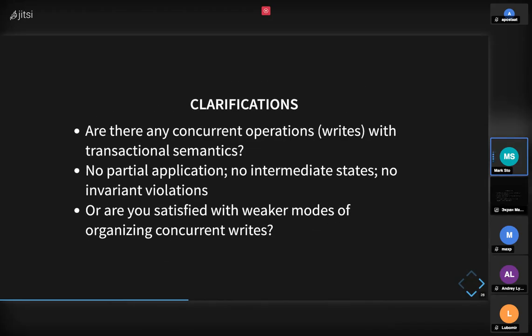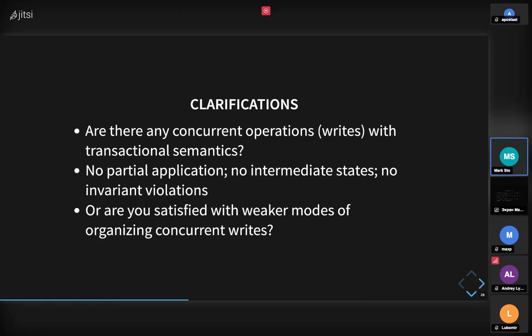Operations like transfer, move over, or changing several related quantities at once, where it is unacceptable to have partial application, like debited but not credited, where other concurrent operations observing intermediate states are not welcome, or where the operation simply violates an invariant, like a balance that went negative but must never be negative.